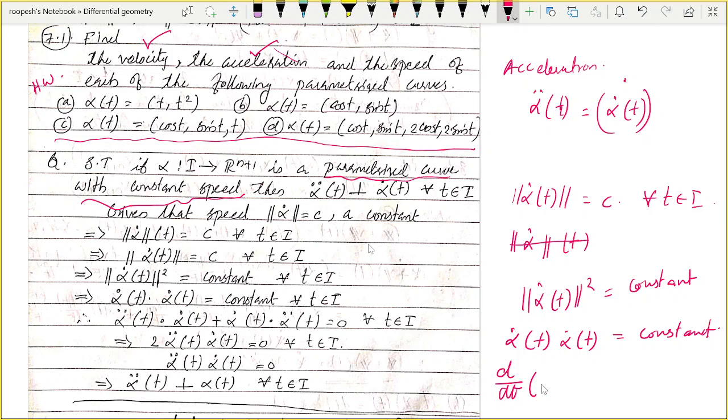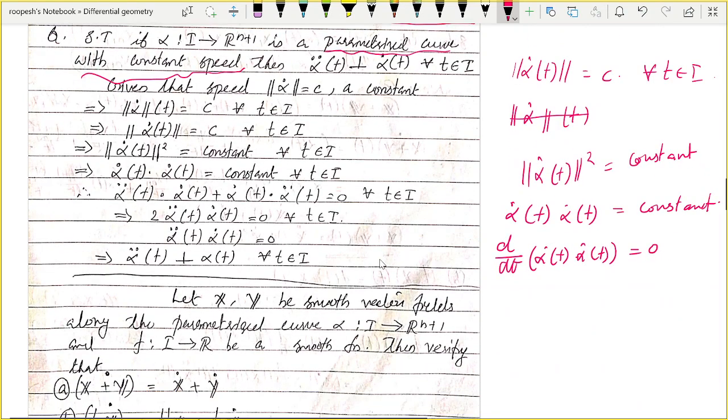So d by dt of alpha dot of t dot alpha dot of t should be 0, right? Finding the derivative, this equals alpha double dot of t dot alpha dot of t plus alpha dot of t dot alpha double dot of t equal to 0.